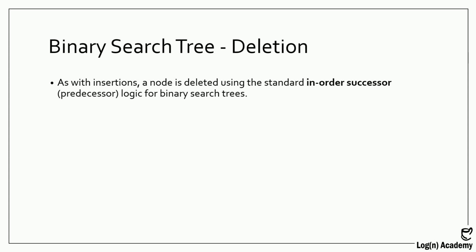Now let's quickly recap how we perform the delete operation in a binary search tree. So we have a tree here. Let me draw a sample tree with some nodes.